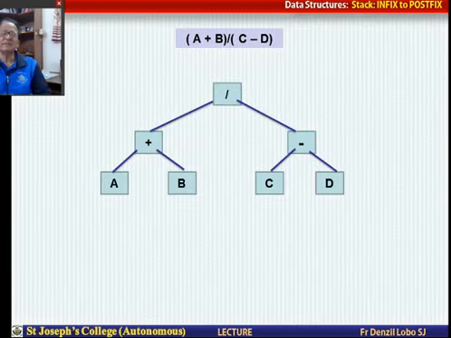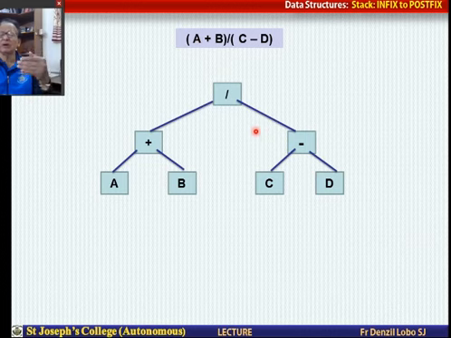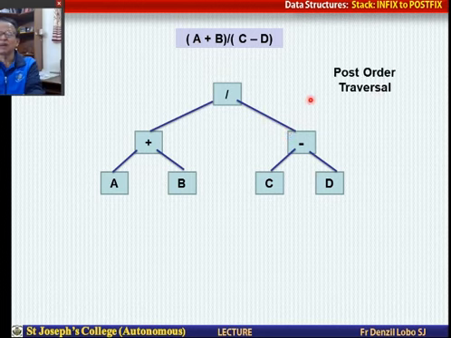Now, as I said, we can use the tree structure to arrive at the postfix expression of this infix. This is just to help you check whether the result you have got from the stack is correct. What is this? We have to do the post order traversal of the tree.